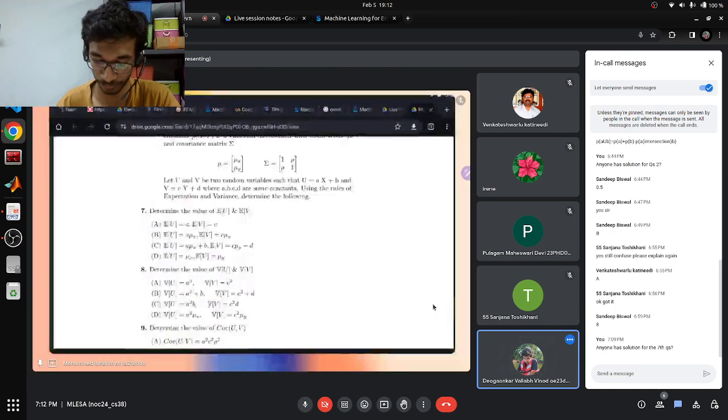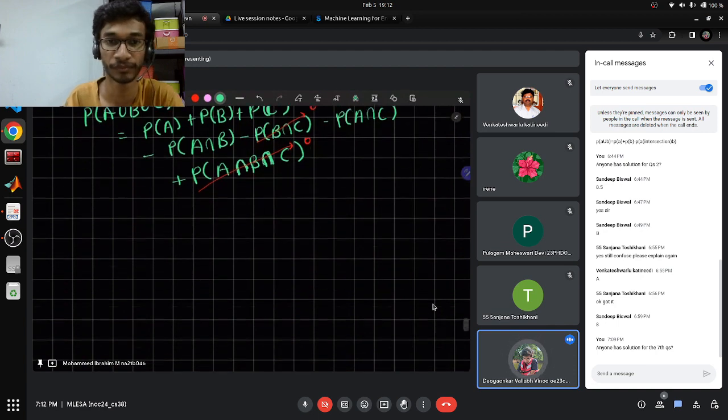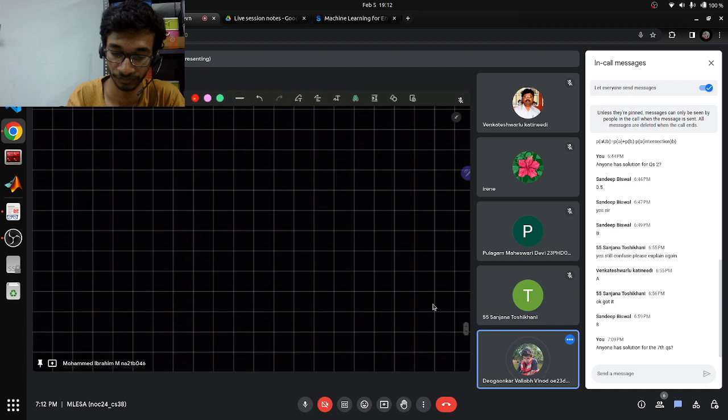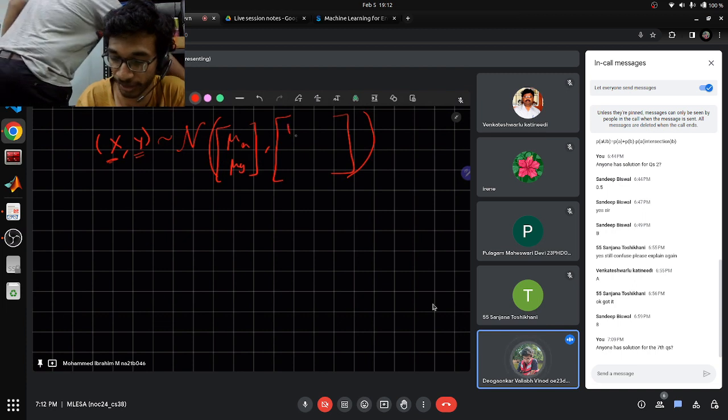So this question has given this information. There is a random variable x and a random variable y, and their joint distribution is a normal distribution with a mean mu x, mu y and a variance matrix.